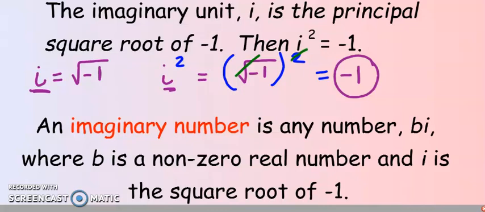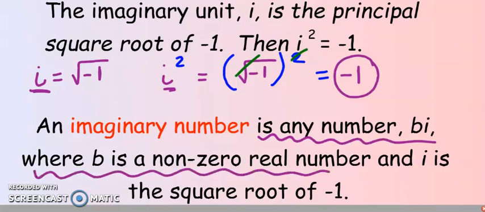So in other words, b is a number, i is i, but it represents the square root of -1. This is your actual definition for imaginary numbers, so write that down. Make sure you have that for your vocabulary.